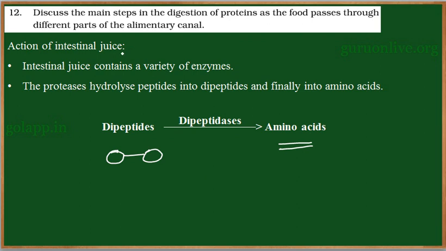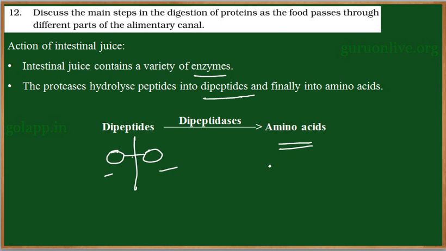Intestinal juice has a variety of enzymes for the digestion of proteins, carbohydrates and fats, but here we are only concentrating on the digestion of proteins. The protein digesting enzyme is dipeptidase. This dipeptidase acts upon the dipeptide and breaks the peptide bond, releasing the amino acids. Hence in the small intestine, the complete digestion of proteins occurs.